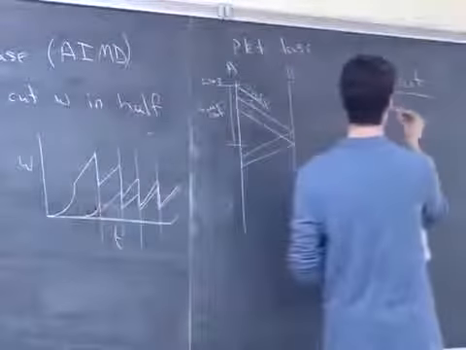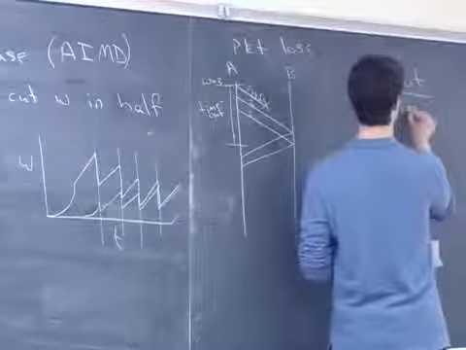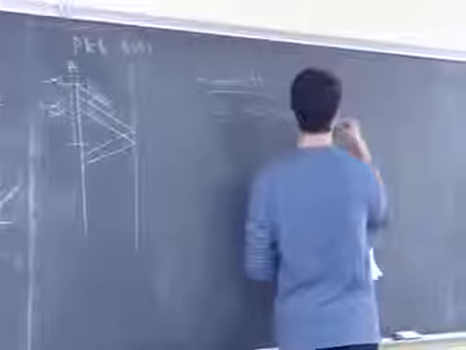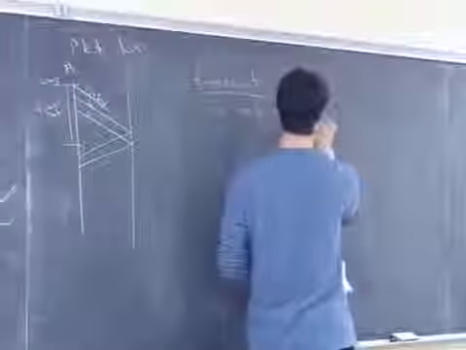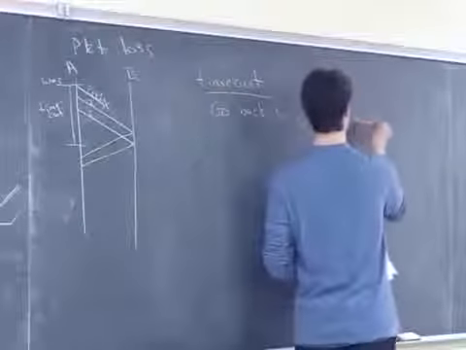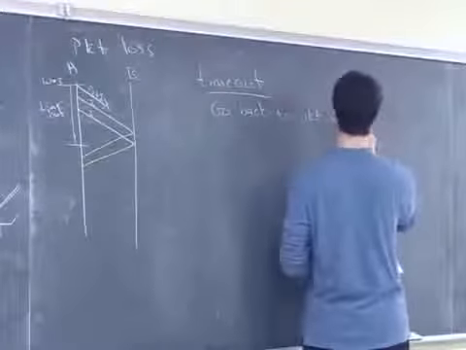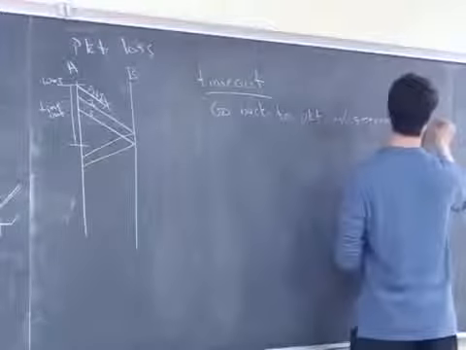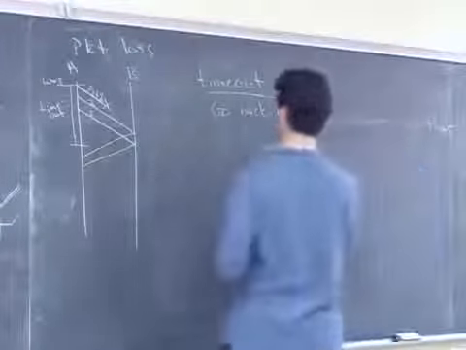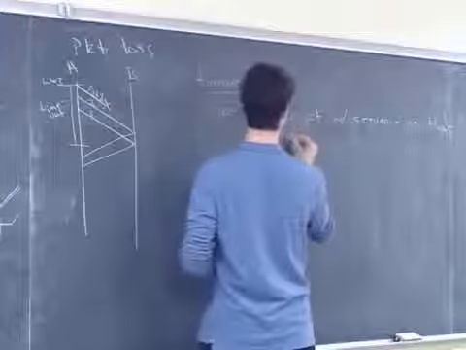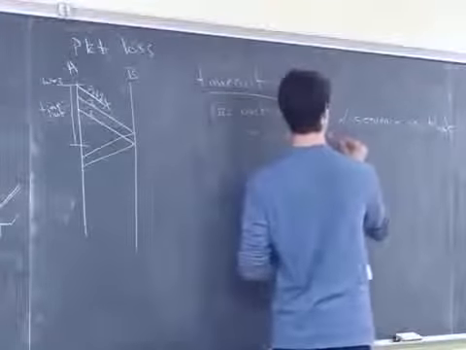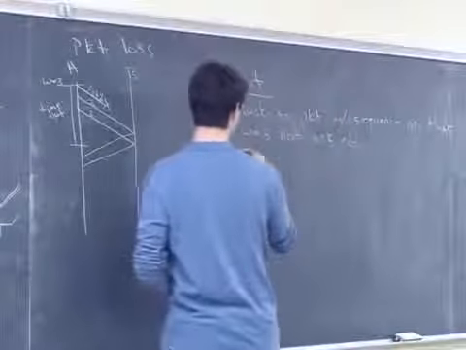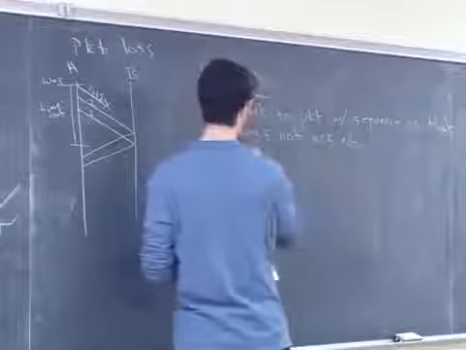All right, so go back to the packet with sequence number that was not ACKed. All right, and then you resend this packet and everything after it.